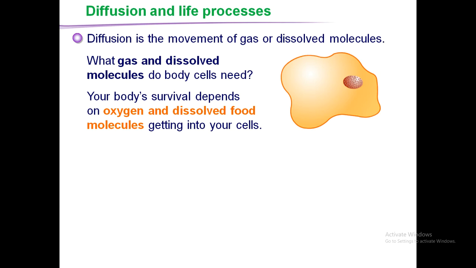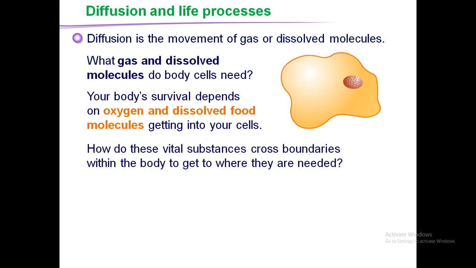For example, oxygen, which is dissolved in the blood, travels around your body and distributes oxygen and dissolved food material into your cells. Those molecules of food and oxygen are in high concentration in your blood but in less concentration in your tissue spaces. So those molecules diffuse into those tissue spaces, and the cell gets them from those tissue spaces, which are called interstitial spaces.